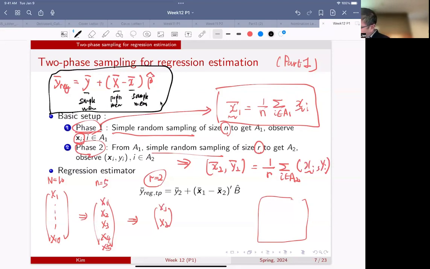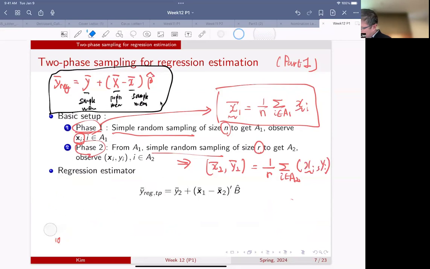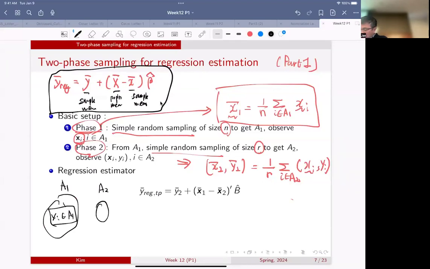But in the two-phase sampling estimator, we don't know the population mean of X. So basically we treat A1 as a population and A2 as a sample. In A1 we have x_i, so this is the population, and the population mean is this guy.